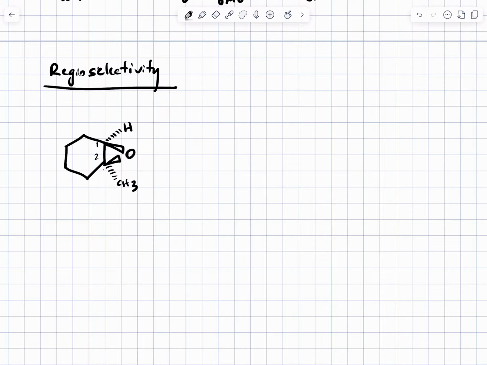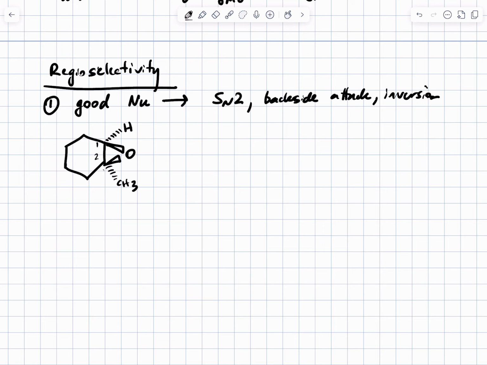There are two options for opening up epoxides. The one is with a good nucleophile. For a good nucleophile, the mechanism is straight up SN2. As you know, you get backside attack and you get inversion of configuration. All of that is stereospecificity, but the other thing you need to know about SN2 is that steric factors are important.